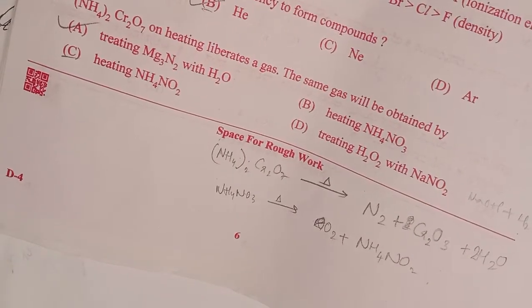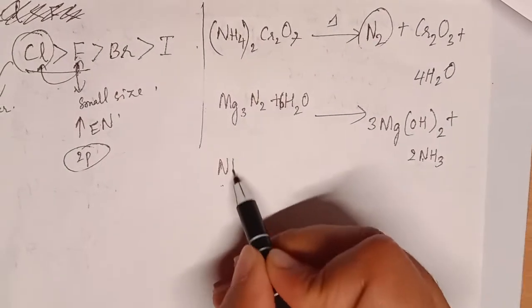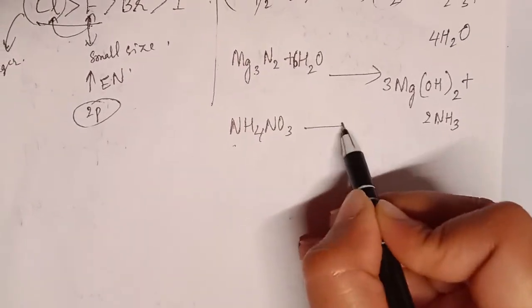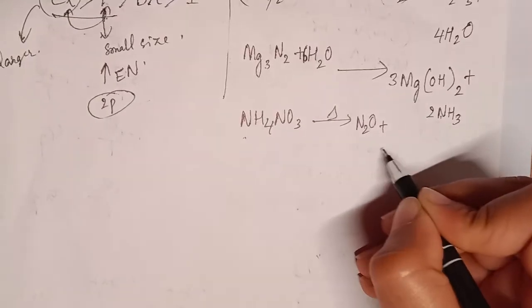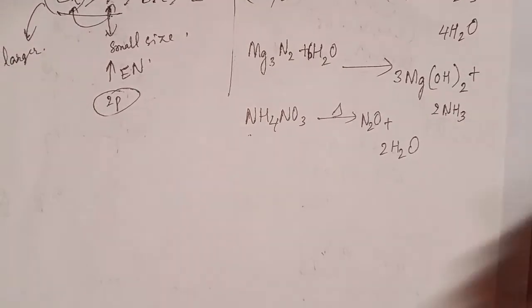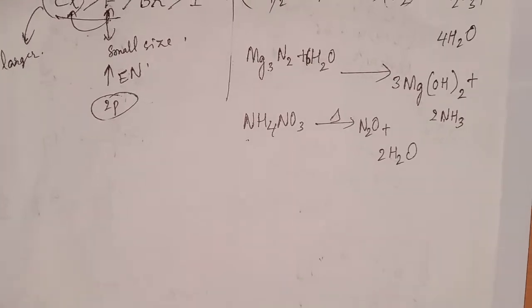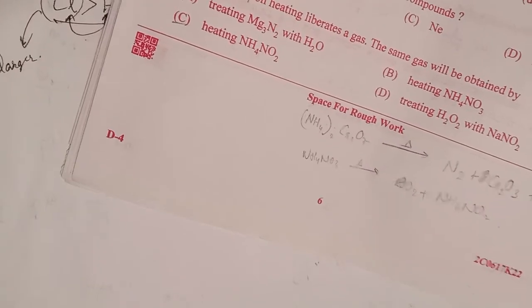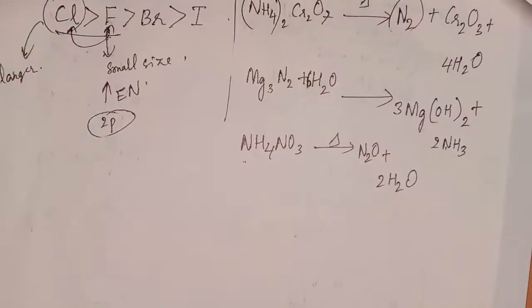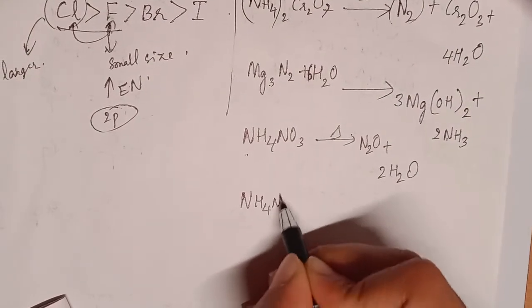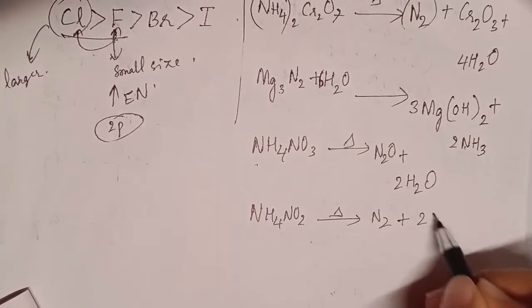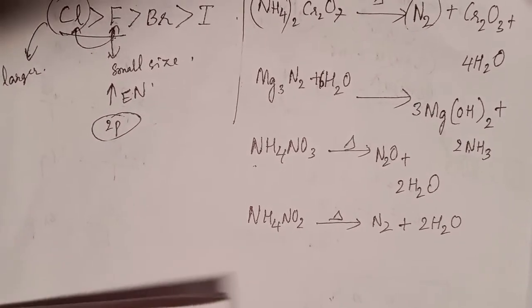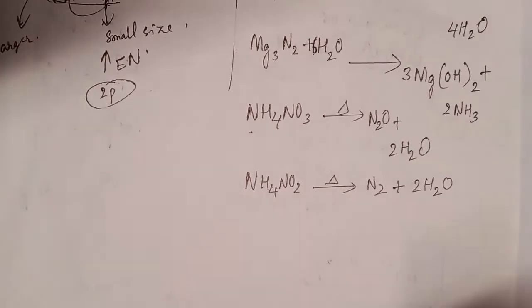Let's see option B. Option B says heating NH4NO3. NH4NO3 is heated. So we'll get N2O plus 2H2O. Here also we are not getting nitrogen gas. Option C. Heating NH4NO2. If we heat, we'll get nitrogen with 2 water molecules. So this is the right answer.